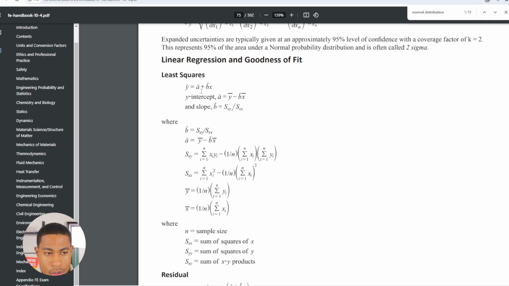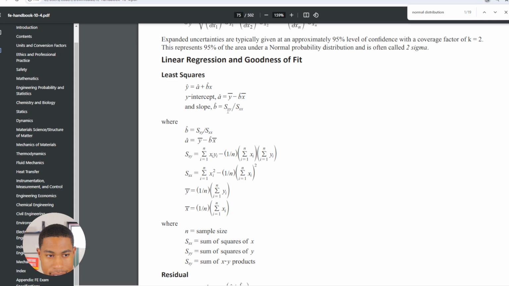Well, this is just the equation of a regular line, y equals mx plus b, if you know that, but it's just saying it in a different way. So what is a? A is just the y-intercept. And then what is b? B is going to be your slope. Okay, so y is equal to mx plus b. It's just different symbols.